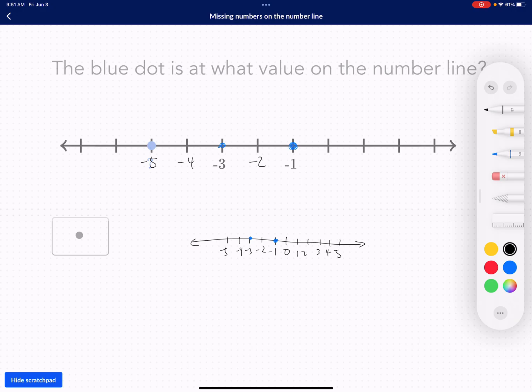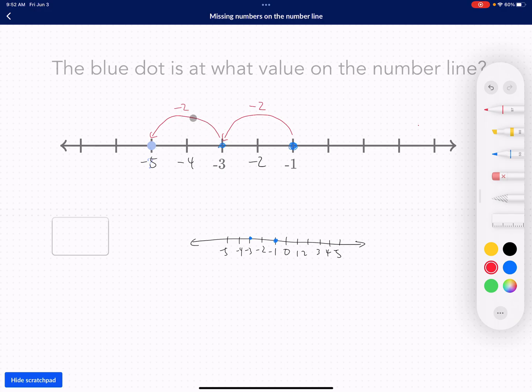But also what you can see is that the difference between -1 and -3 is actually 2. So if I go here, I am subtracting 2, or decreasing by 2, because as you can see, 1, 2, right? So I'm decreasing by 2 again right here. The difference between -3 and -5 is 2.